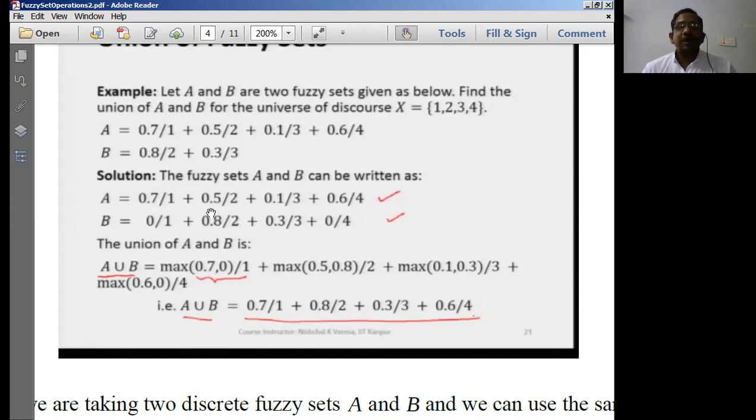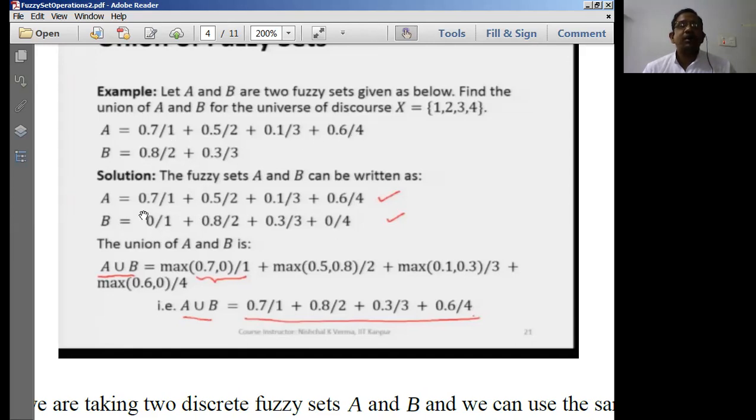Whenever I want to add these two, what are the elements given in the universe of discourse, in set A? It is 1, 2, 3, and 4. So the same elements should be there in B as well. In the B set, element 1 and element 4 are missing.